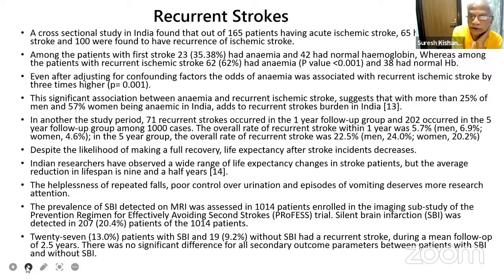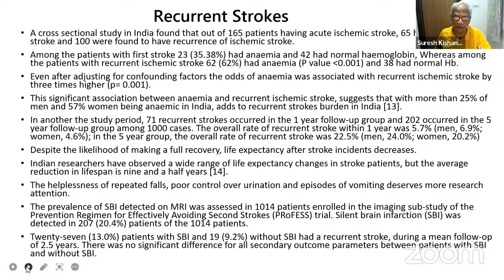Wherever there is anemia, recurrent strokes are more common. Given the anemic status in India, we have got a lot of association between anemia and recurrent strokes. In another study, 71 recurrent strokes occurred in the first year of follow-up and 202 in the next 5 years out of the 1,000 cases.